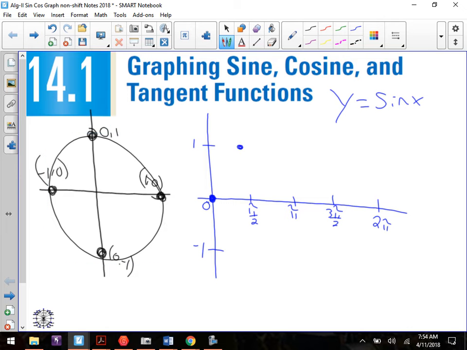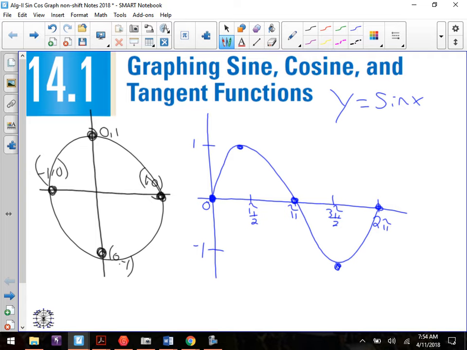The sine of pi is 0. The sine of 3 pi over 2 is -1, and then back at 2 pi, the sine is 0. And it just goes and does its thing. It does its oscillation, if you will.